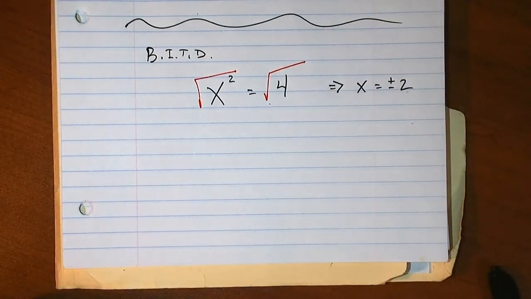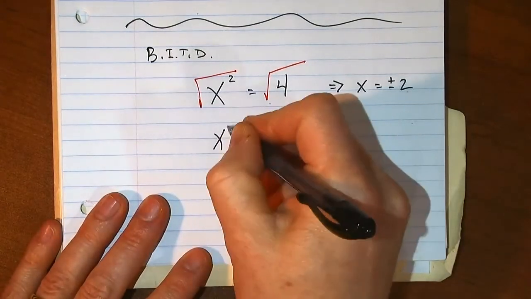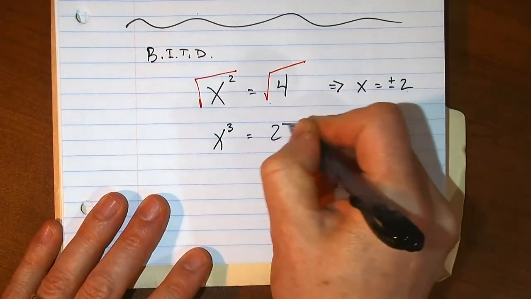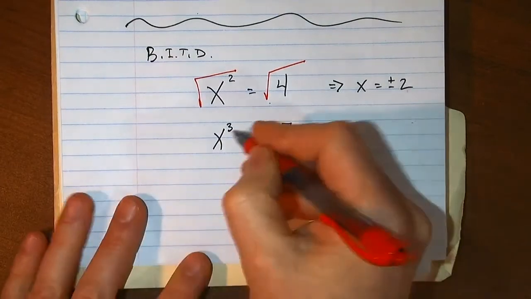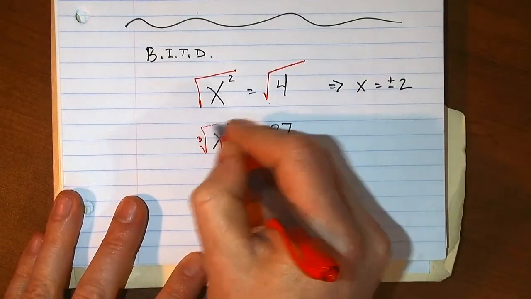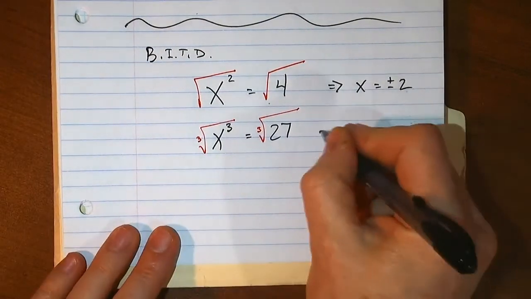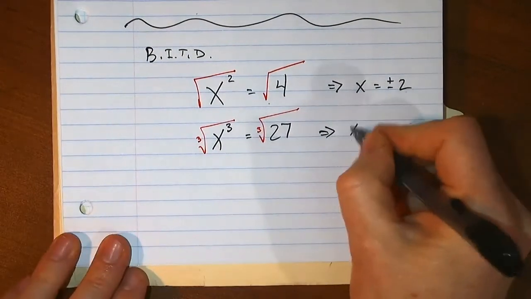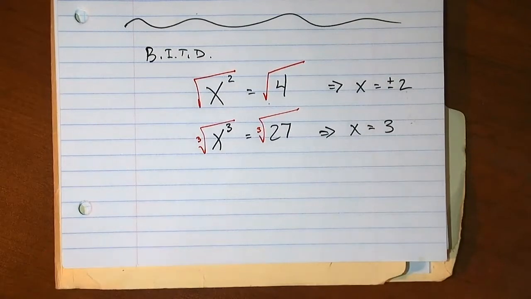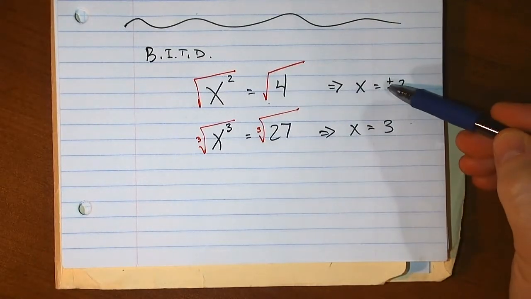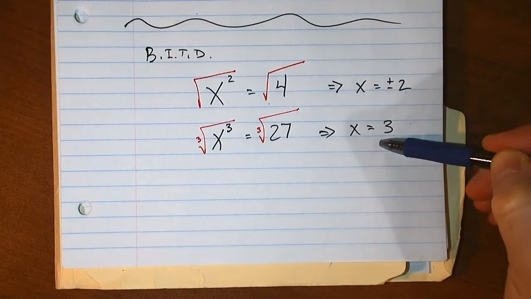And we know similarly that if I had something like X cubed equals 27, we have a way to cancel out cubes. I can do a cubed root. And the cubed root will cancel out that cube and enable me to figure out that X has to be equal to 3. And when we studied this, we talked about why you would need to add a plus or minus sign here, but you don't need to do it there.